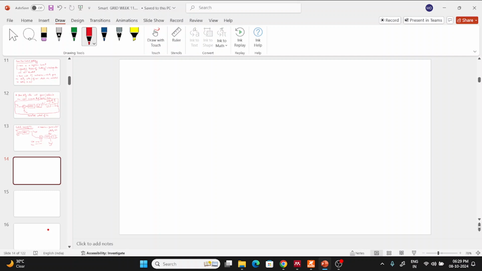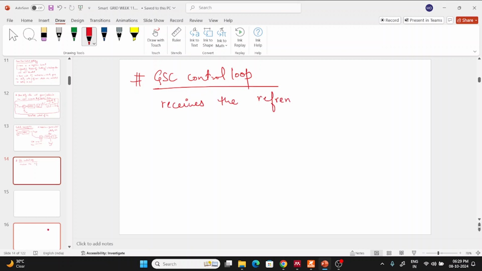There is another loop, which is the GSC control loop. What does it do? It receives the reference from the power flow control strategy, PFS, and then operates accordingly.